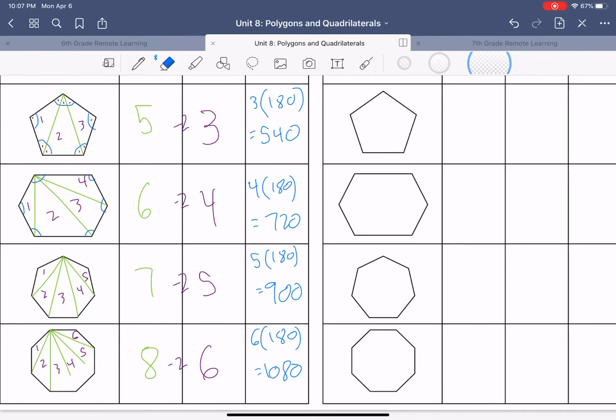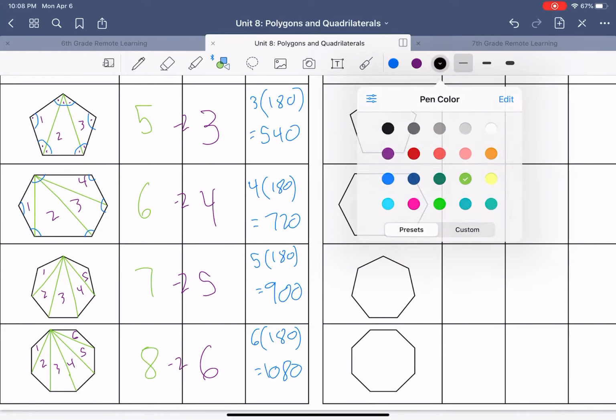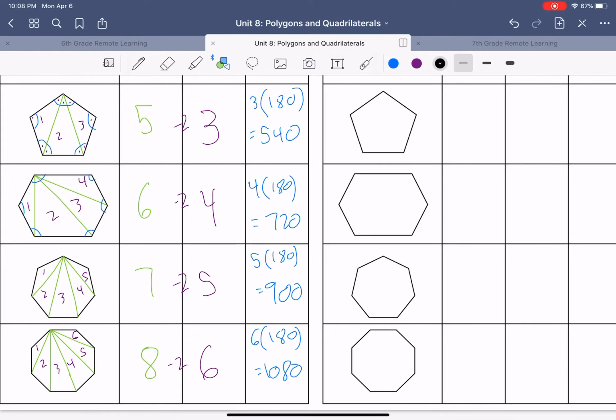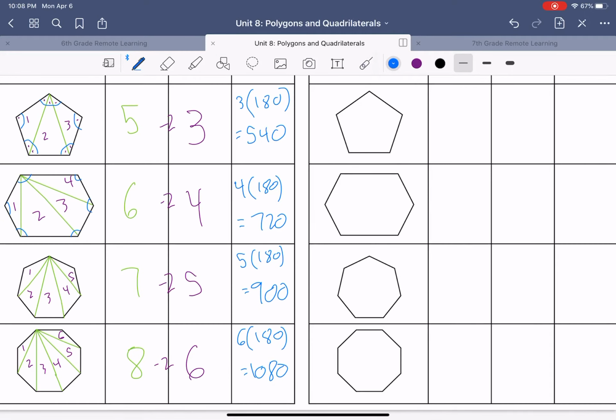Okay, so hopefully we noticed that pattern. So let's say I have a 12-gon.